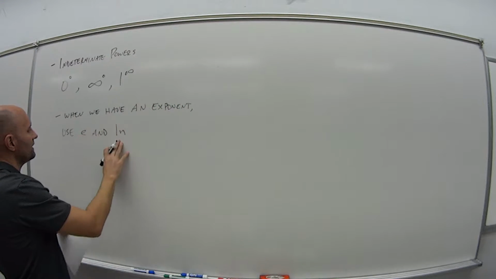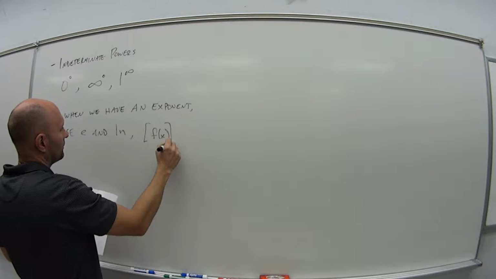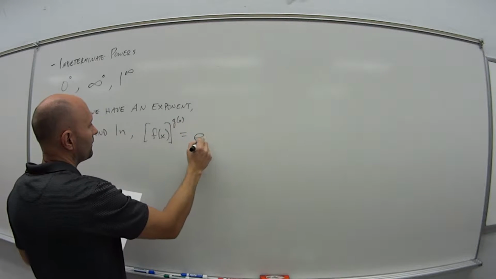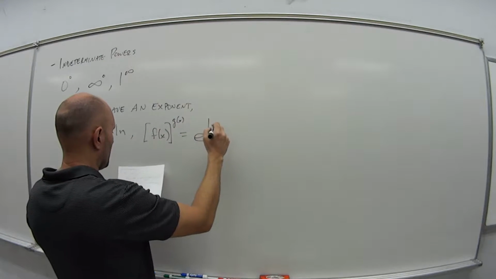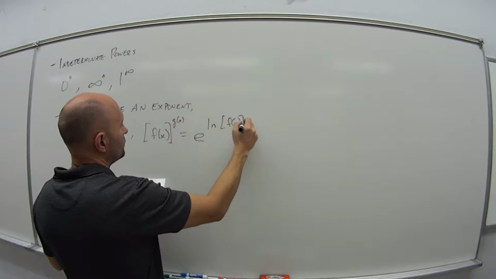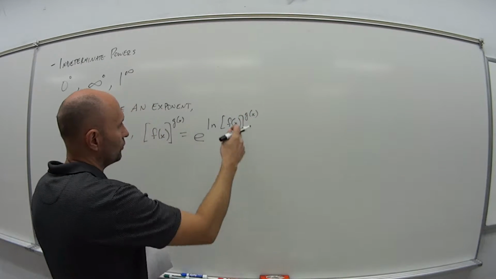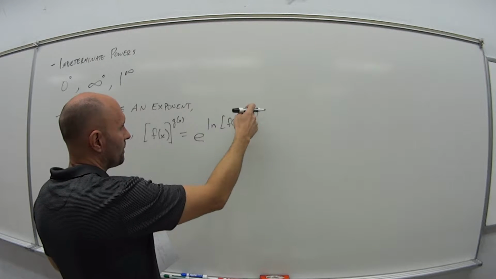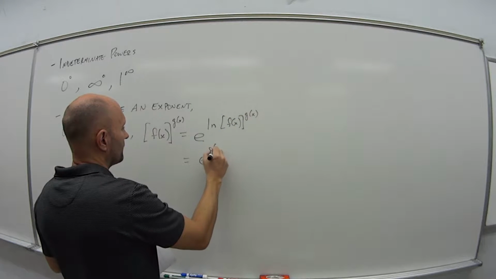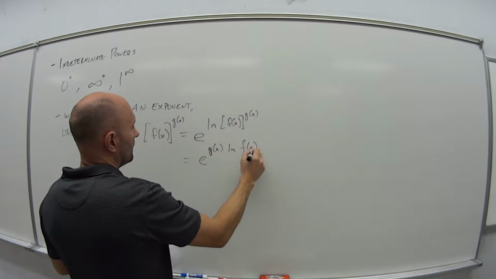Here we have our base function f of x to the power g of x, and we're going to rewrite this as e to the natural log of f of x to the g of x power. Then remember from our log rules, if I have natural log of something to a power, I can bring this down in front. So this is really e to the g of x times the natural log of the function f of x.